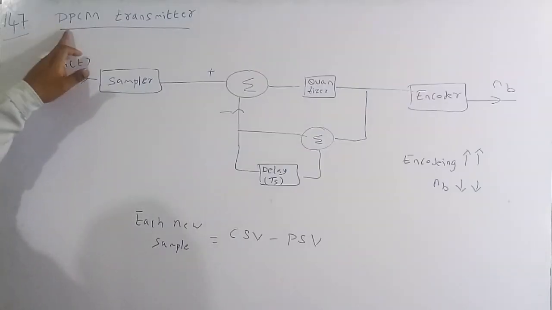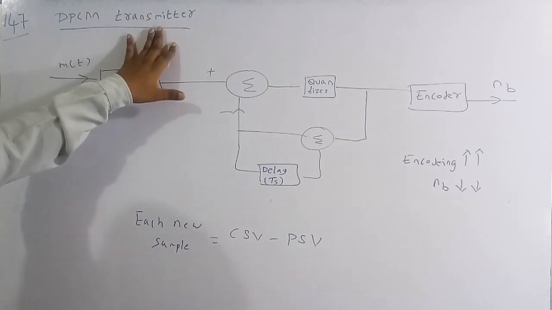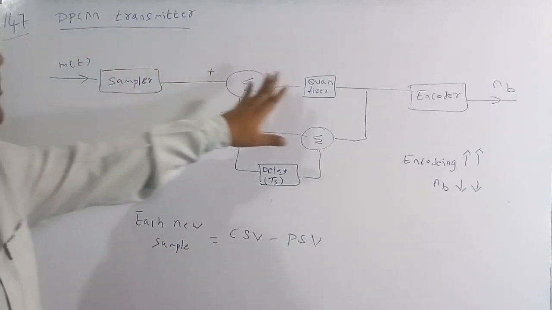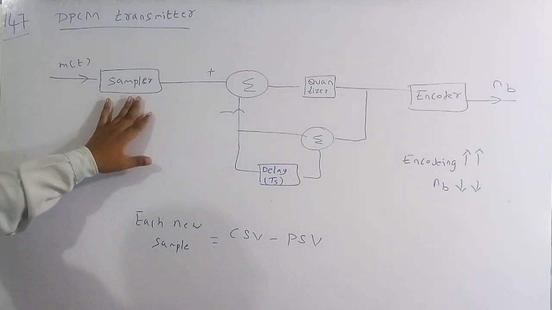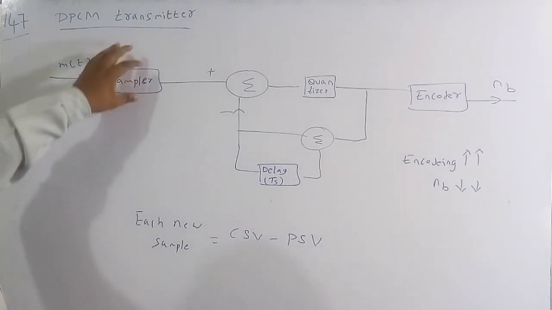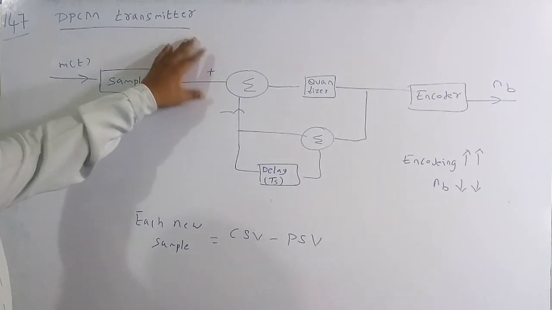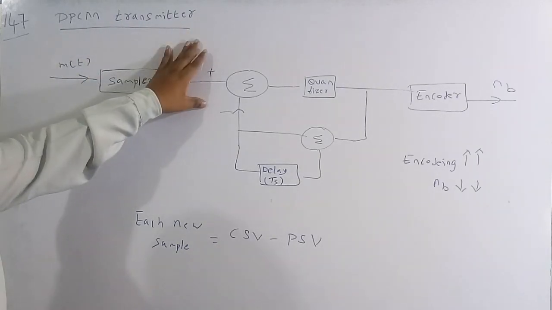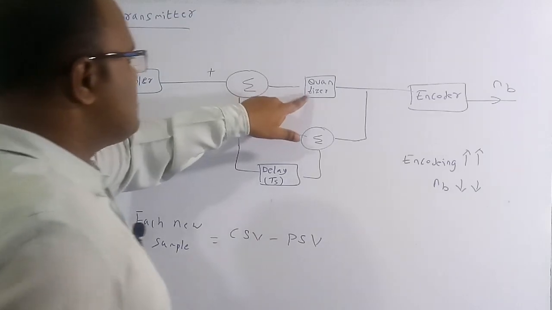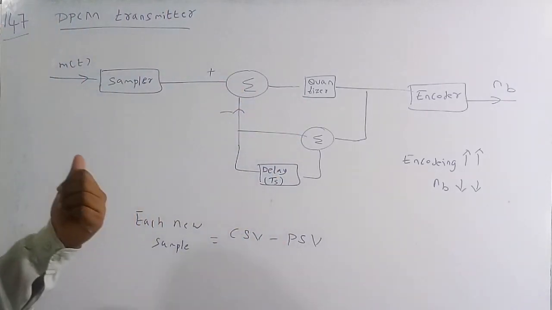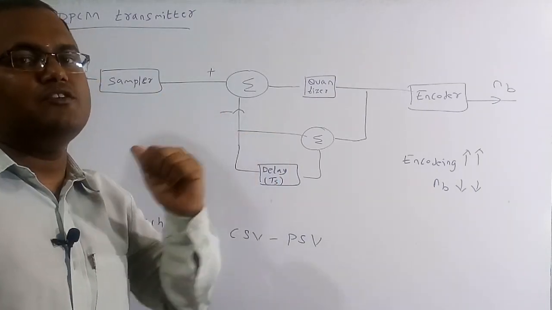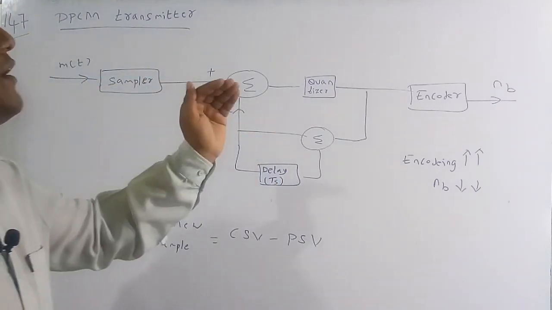So this is the differential pulse code modulation transmitter. This is the message signal and this is the sampler. With the help of this one, we are going to get the samples of the signal. And here, because of the quantizer, if there are an infinite number of positive peak values, we are going to confine them to a minimum number of quantization levels.